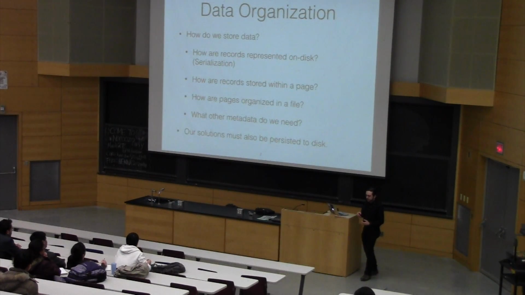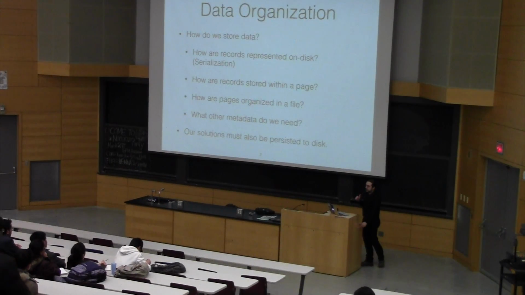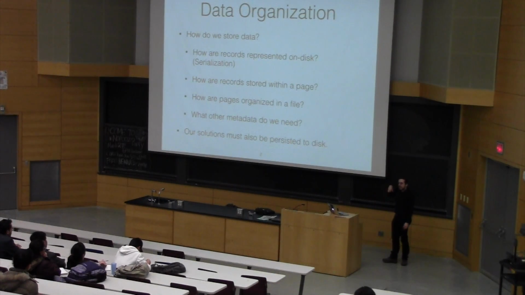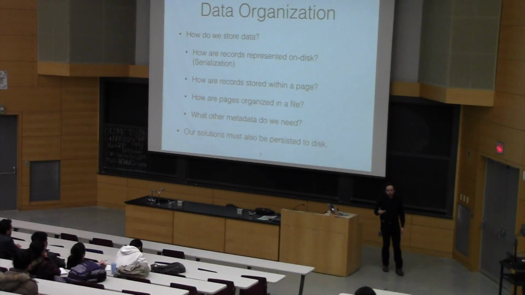But at least for me, one of the really weird thoughts is that there are so many abstraction layers on top of these files that it's sometimes really hard to visualize exactly how that data gets represented. How does this file actually store all of the records that we want to keep in it? And more importantly, what are the trade-offs between different ways in which data can be stored?